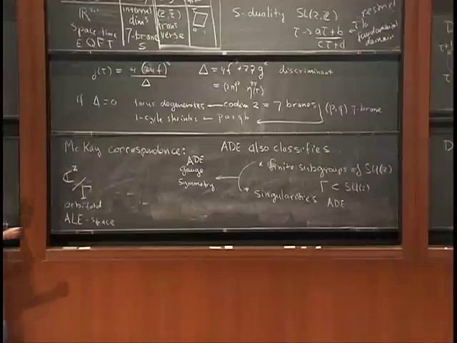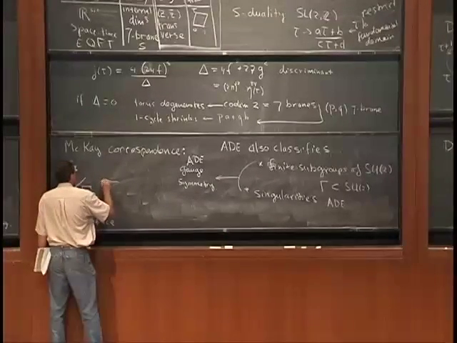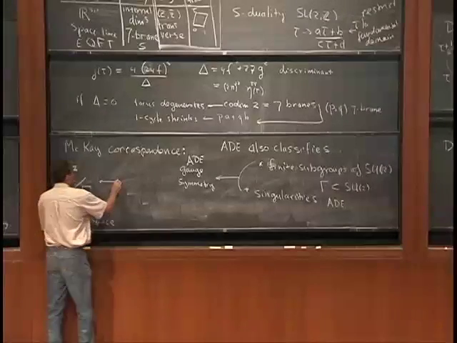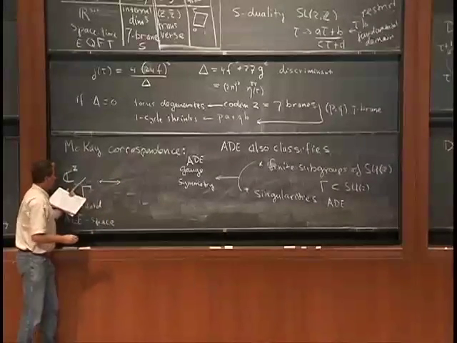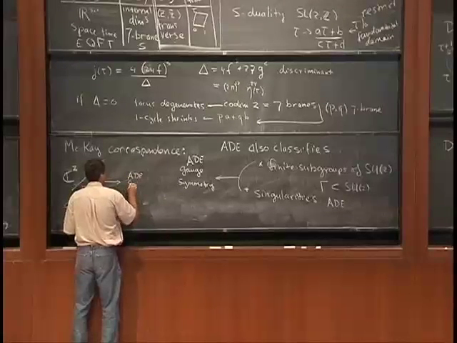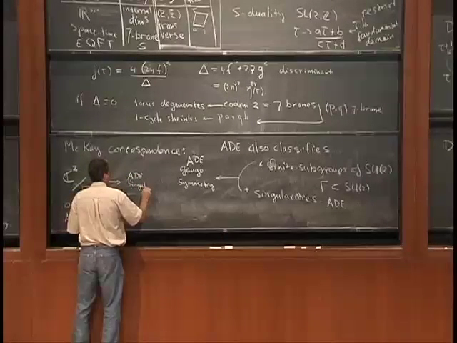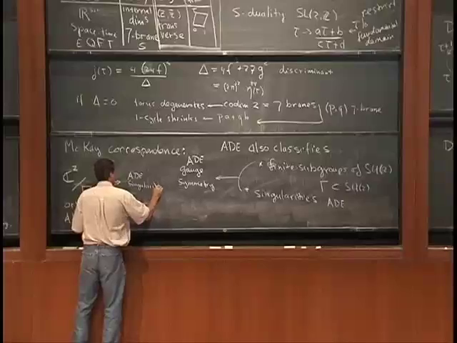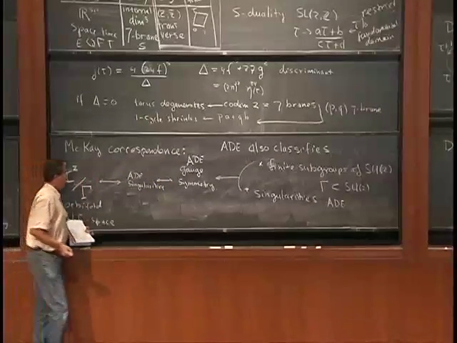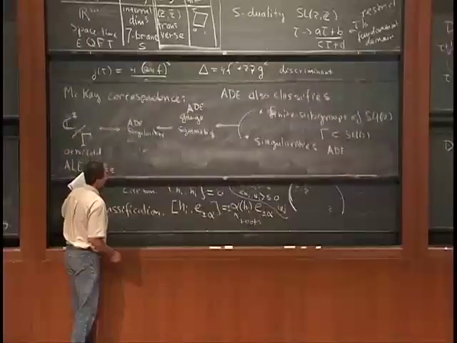And you can think about this, because this is a non-compact space, as a non-compact version of one of these ADE singularities. And we're going to show that that leads to that type of gauge symmetry in a second.